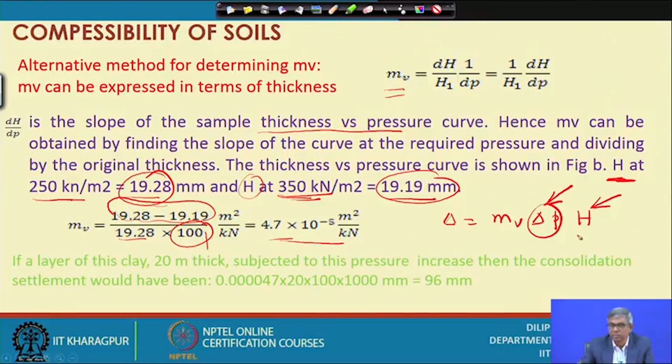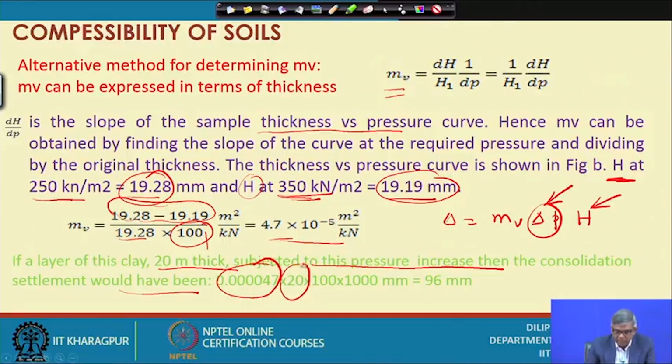If you multiply all three, then you will get the consolidation settlement. If a 20 meter thick layer is subjected to this pressure increase, that means 100 pressure is increased, the consolidation settlement would be, you can see, this is mv, this is the thickness and this is the pressure increase. So, this is del P, this is H and this is mv. All together it will come in meters, so to convert it to millimeters I have multiplied by 1000. It becomes 96 millimeters.